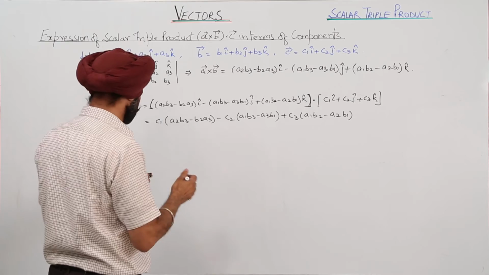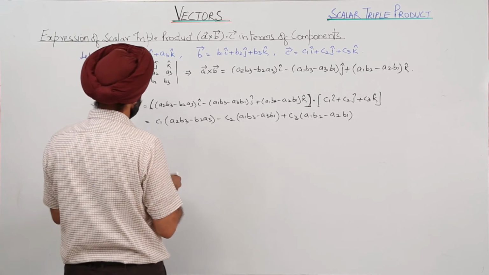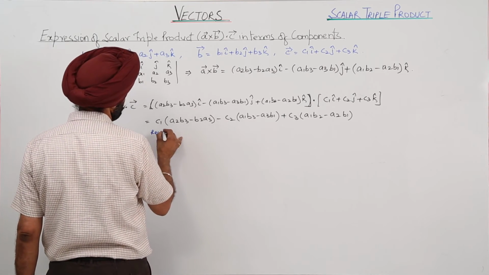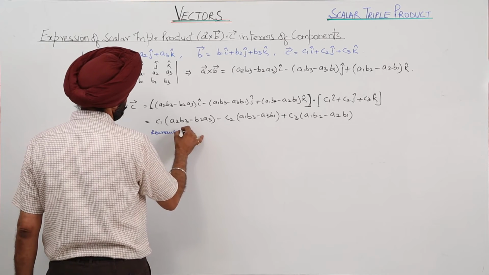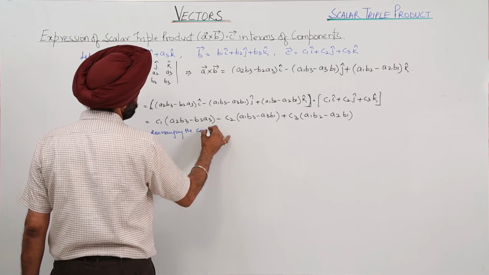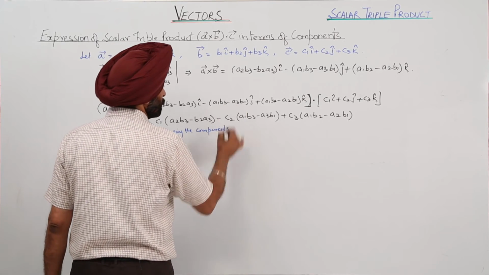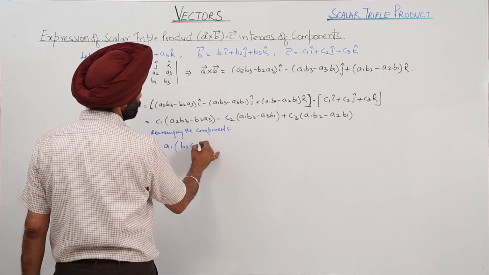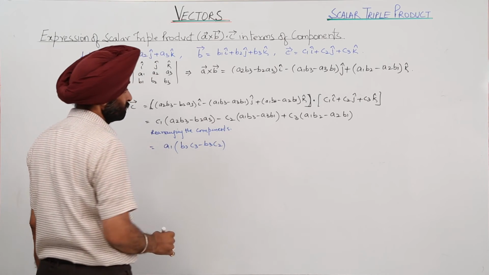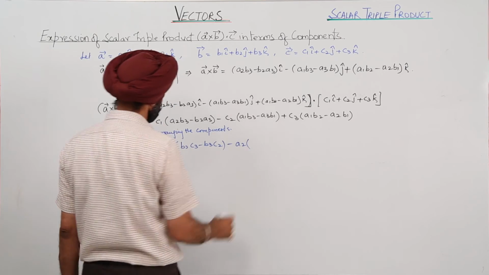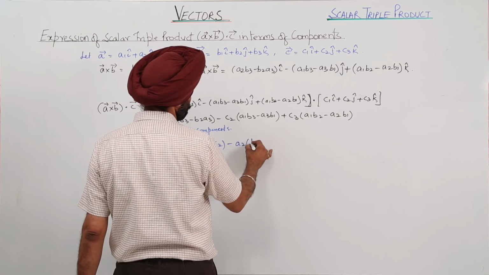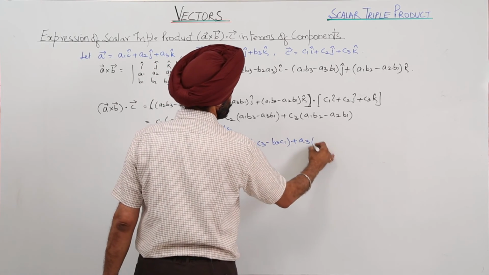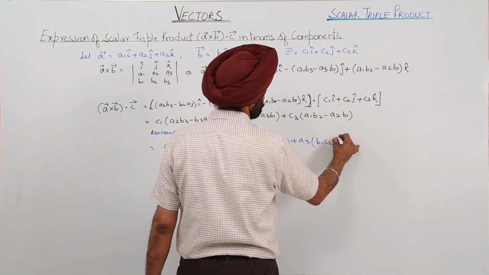Now just rearranging the components, we get A1 with (B2 C3 minus B3 C2), minus A2 with (B1 C3 minus B3 C1), plus A3 with (B1 C2 minus B2 C1).